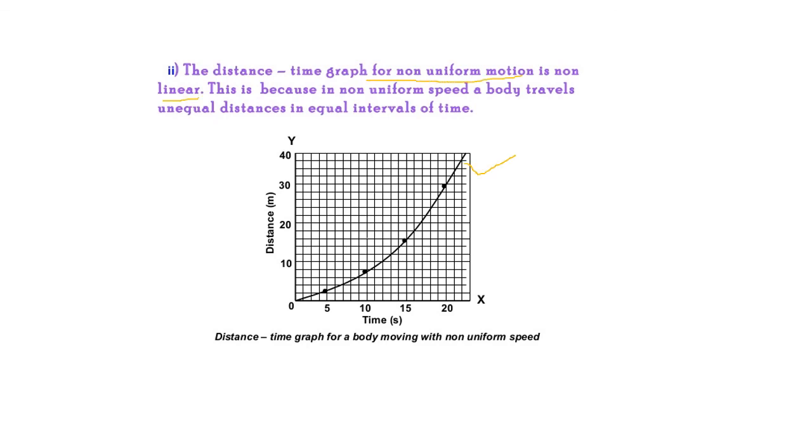That means it is not a straight line. Why? Because there is non-uniform speed of a body traveling unequal distance in equal intervals of time. Even though there were equal intervals of time, it traveled different distances. So that is why we will always get a curved line in non-uniform motion.